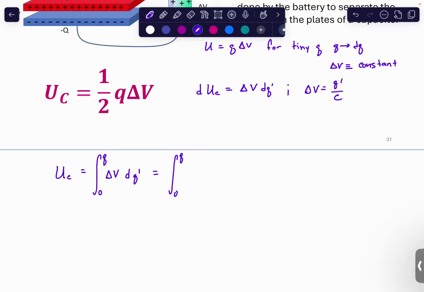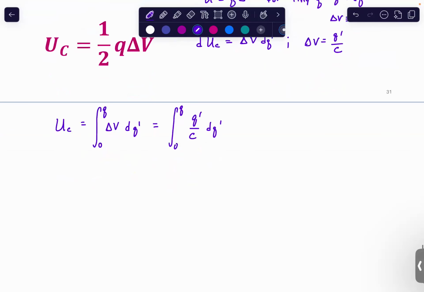We're going to replace delta V with Q prime over capacitance. And you can pull the 1 over C constant up front.